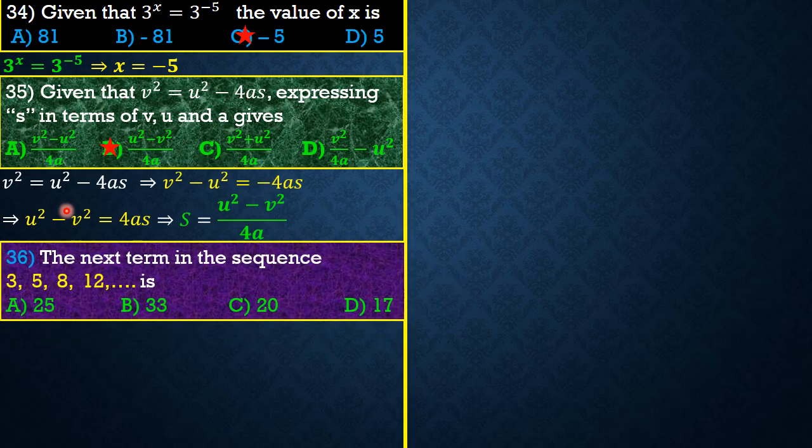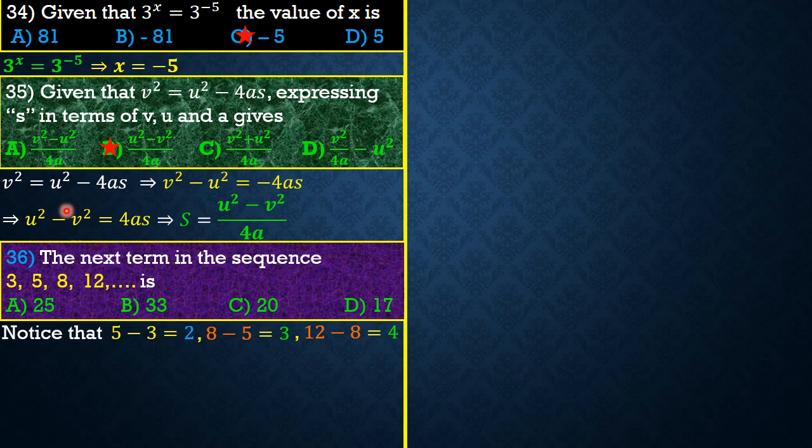Question 36, guys, simply reads that the next term in the sequence 3, 5, 8, 12 is. So, friends, let's observe what is happening. We notice that this is our sequence. If we take the second term minus the first, that's 5 minus 3, we have 2. If we take 8 minus 5, we have 3. If we take 12 minus 8, we have 4, right?